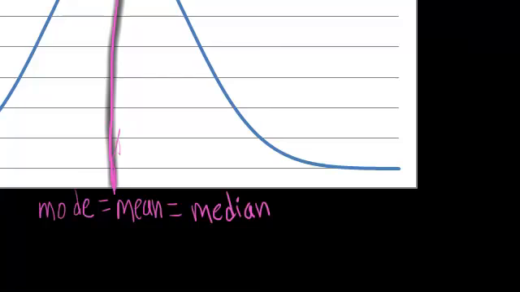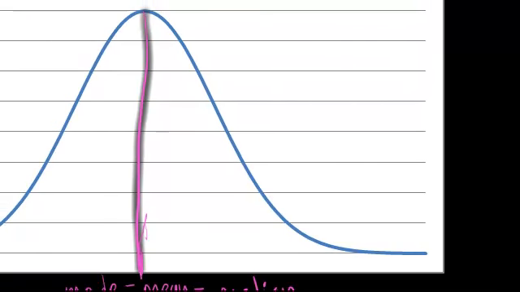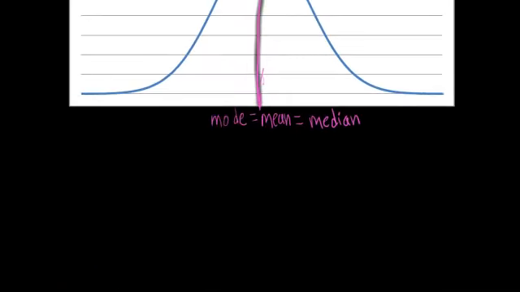Okay, let's look now and compare this symmetric data here with a skewed set of data. And so here, we'll just go ahead and get our vertical axis, and we first look at the case where our data is negatively skewed.